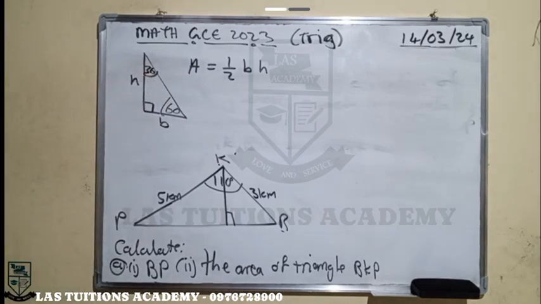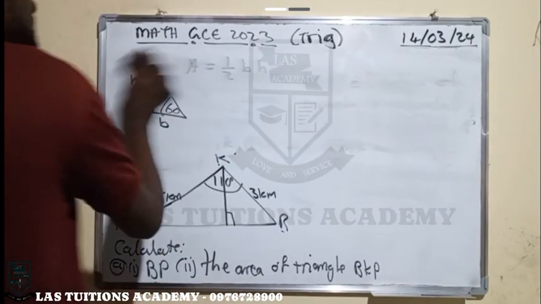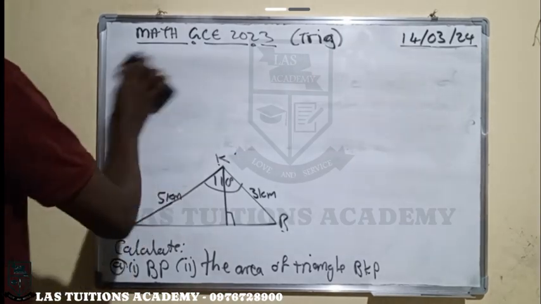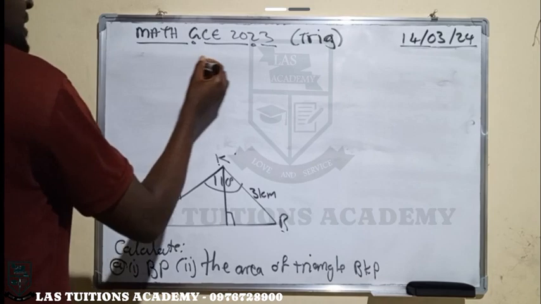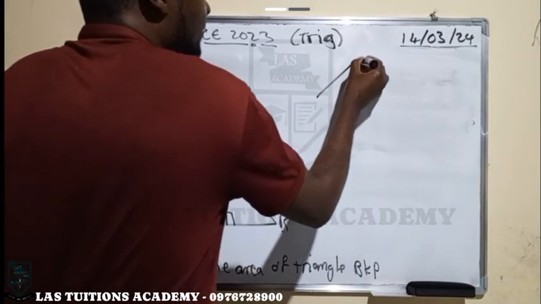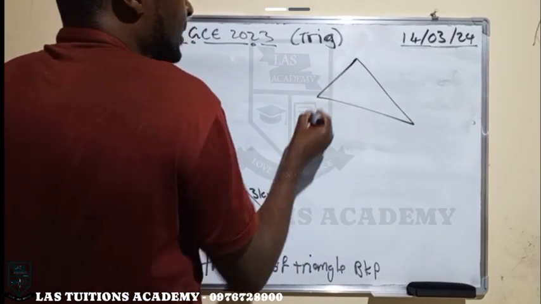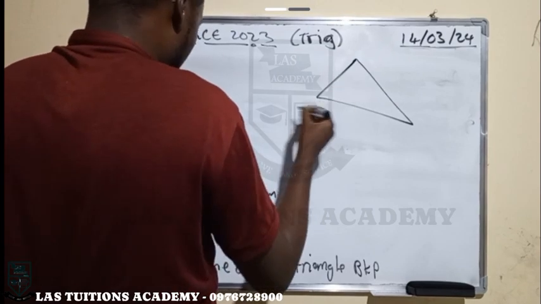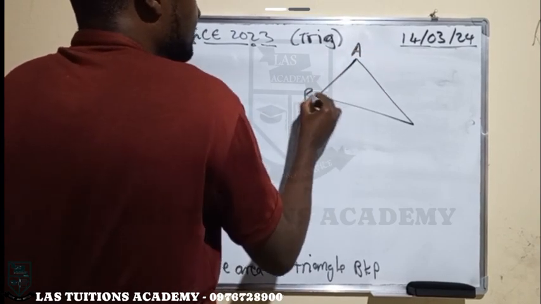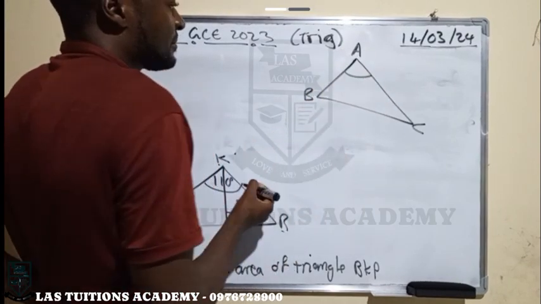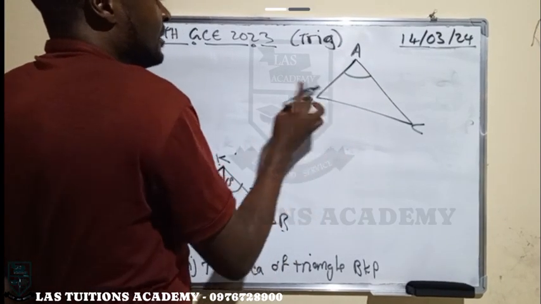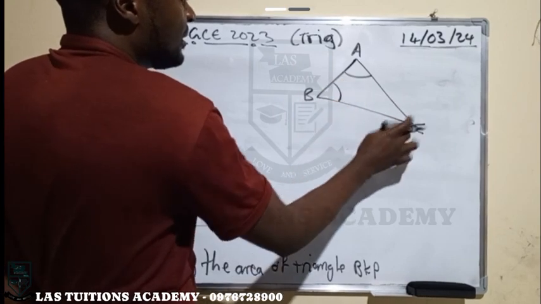Now for a non-right angled triangle, if we have it like this, let's say this is our A, B, C. Because this is A, we have angle A there. This is B, we have angle B here. This is C, we have angle C there.